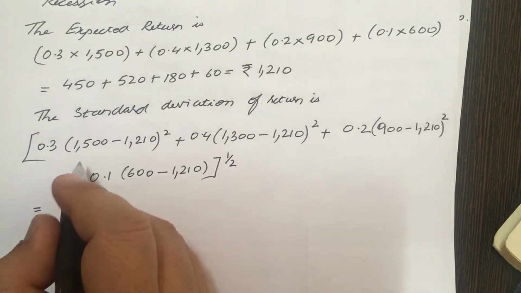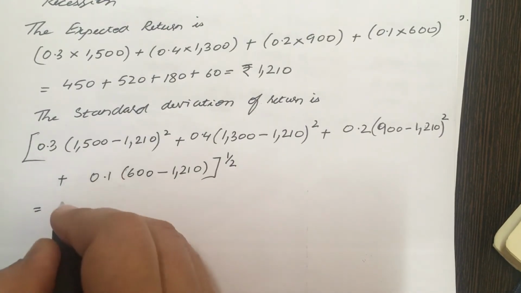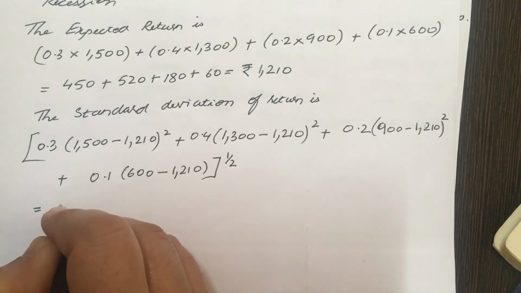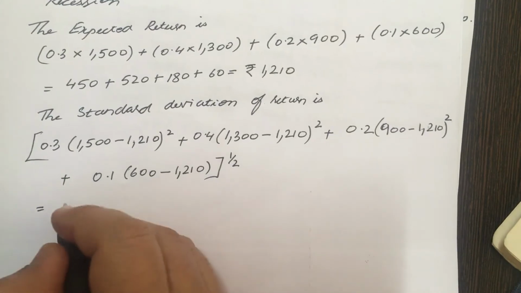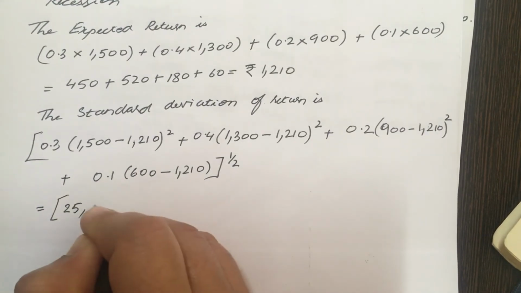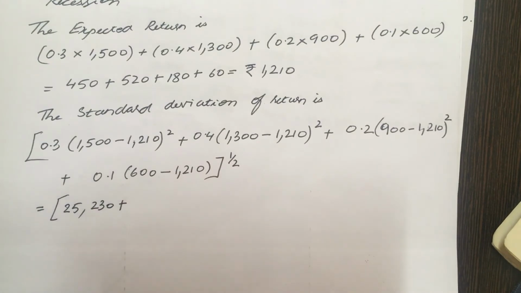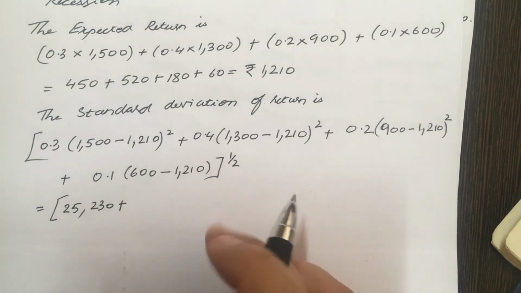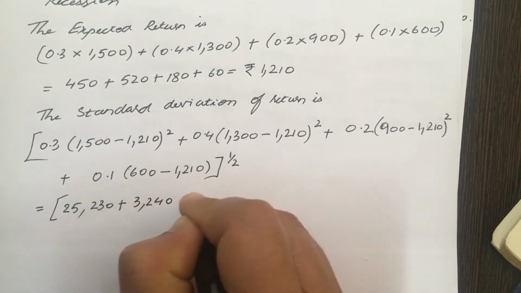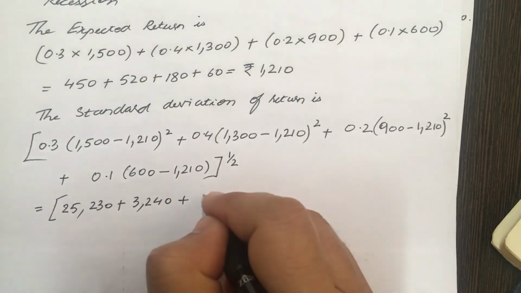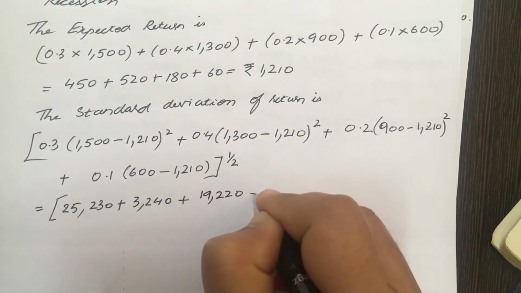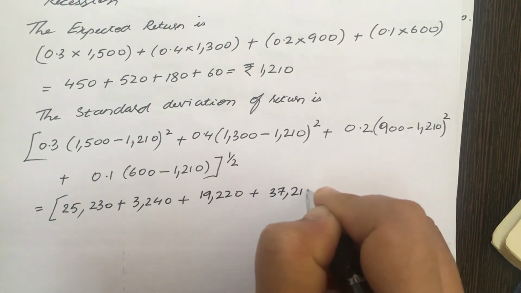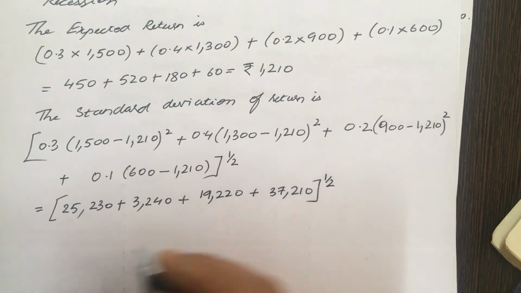Now find out how much this is. This will be 25,230 plus 3240 plus 19,220 plus 37,210, to the power half.